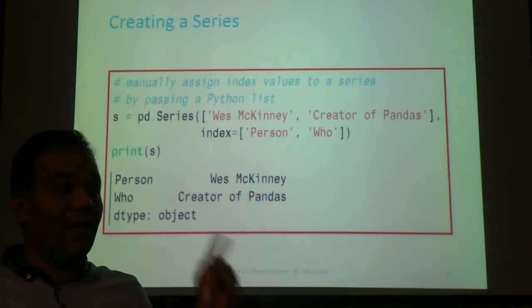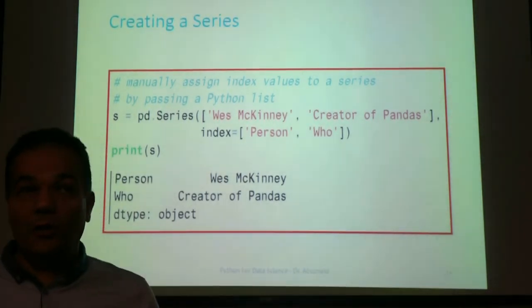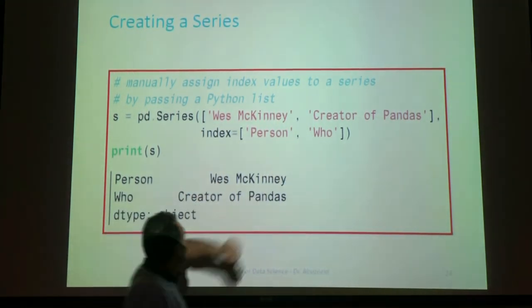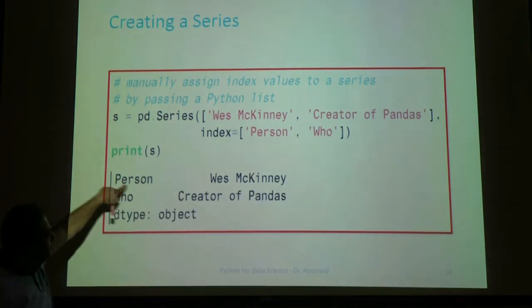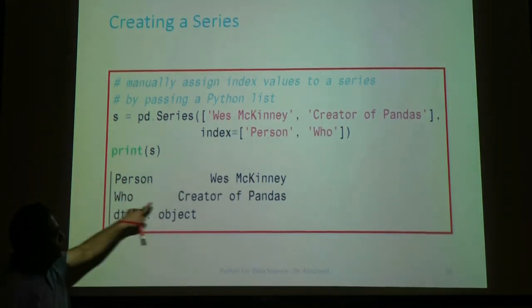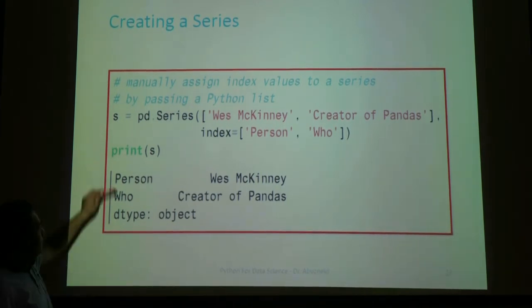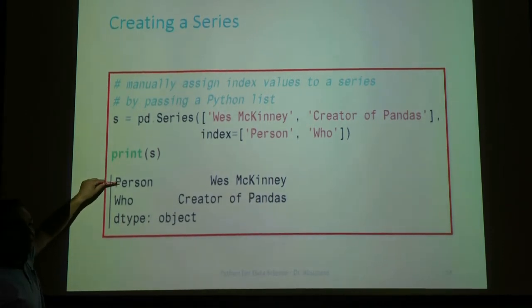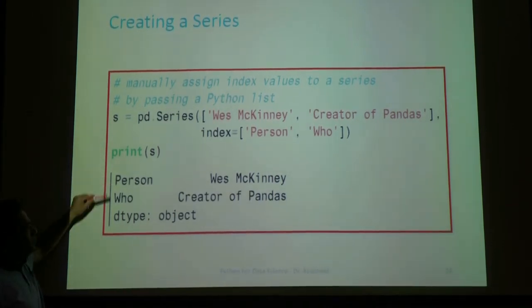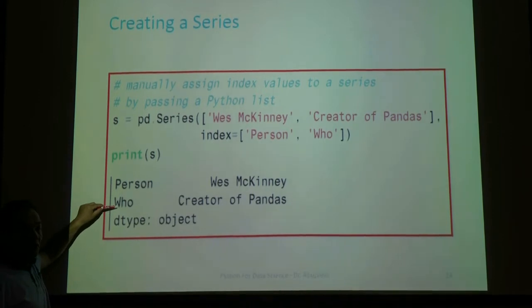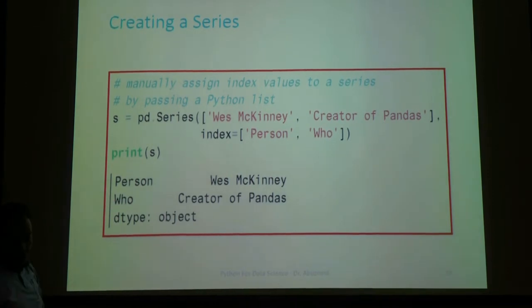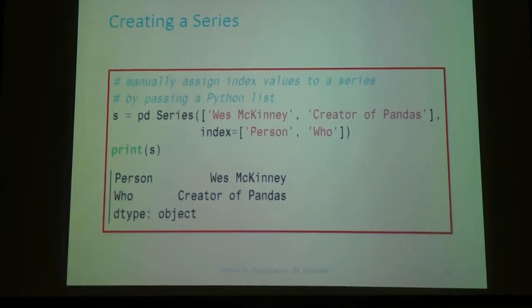I'm creating index labels: the first line will have person and the second one who. When I print s, I get person and who, creator of Pandas. For this row the index label is person, and for the next it is who. The index number is 0, and then 1. Now it's clear what the difference is between index label and index number.